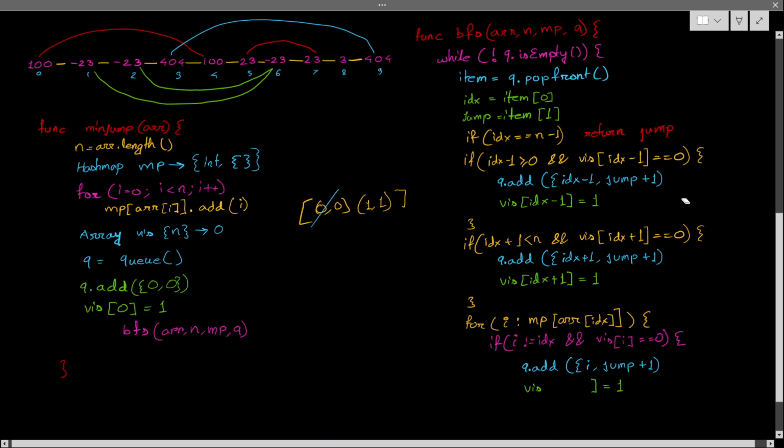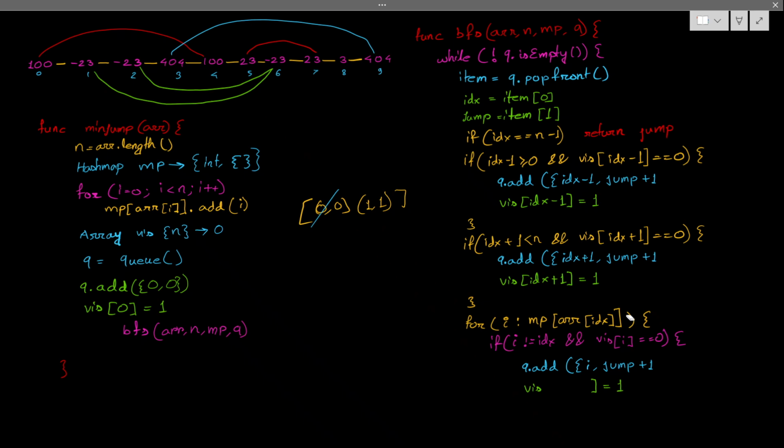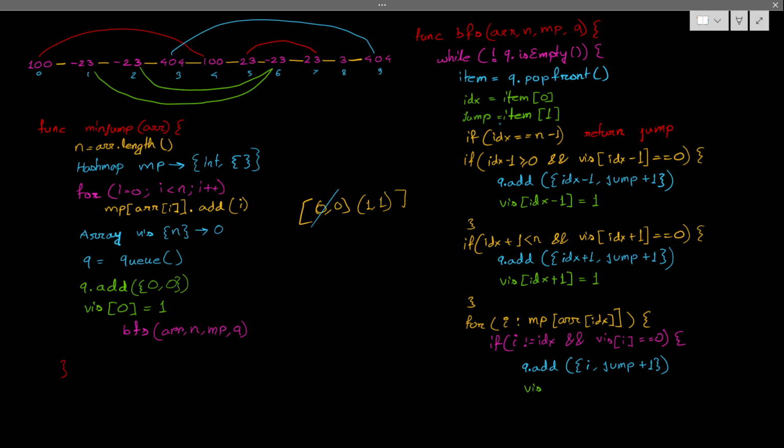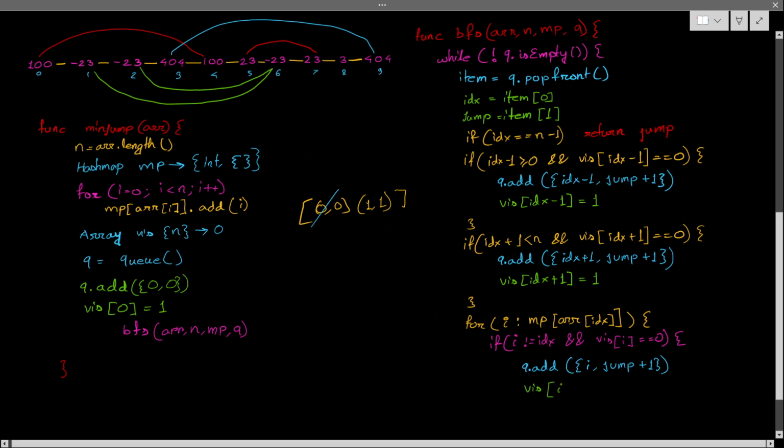I made a mistake here. I have to close the bracket. This place is fine. Let's close the bracket here, then close this bracket, and close the bracket here, then close this bracket. And visited of i equals to 1.